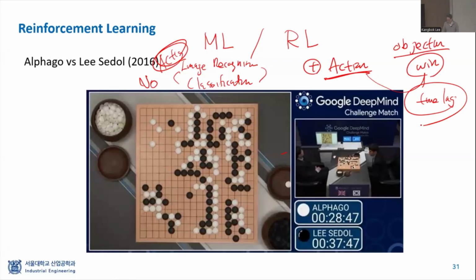Do you remember when this game was done in 2016? How many years ago? Exactly 10 years ago. So just 10 years ago, we didn't know whether the machine can do better than people. Nowadays, nobody is thinking that we are doing better than the machine, right?